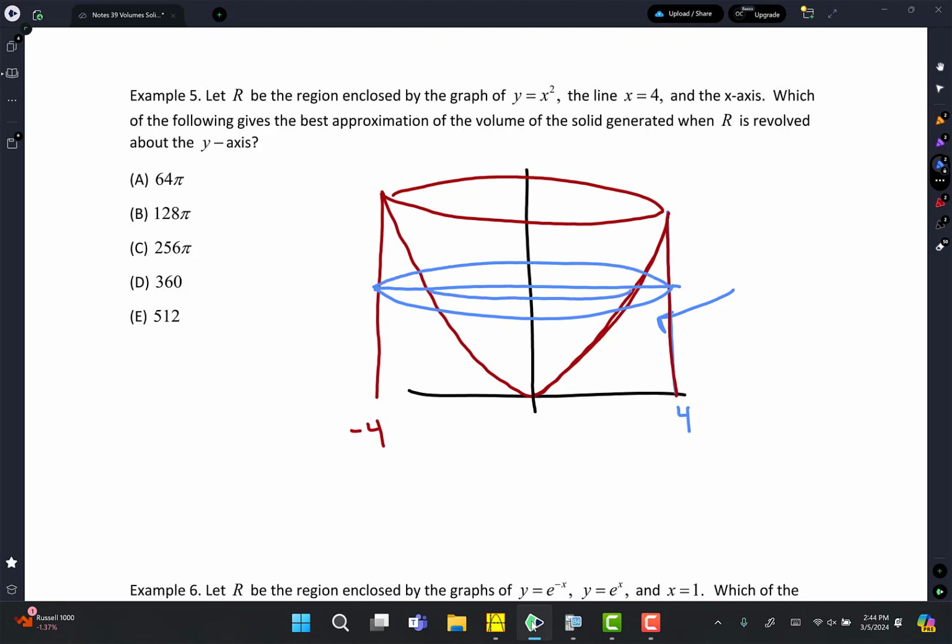Notice that the slice, is it a dx or a dy? It's a dy. So I need to have my integral in terms of y. Because it's a dy. You're adding them all up. So here we go. X equals the square root of y.